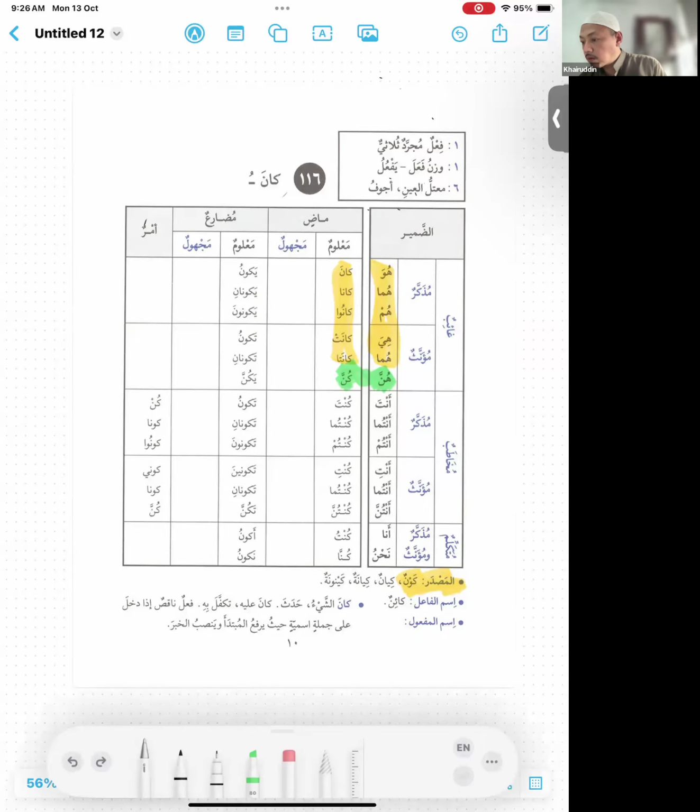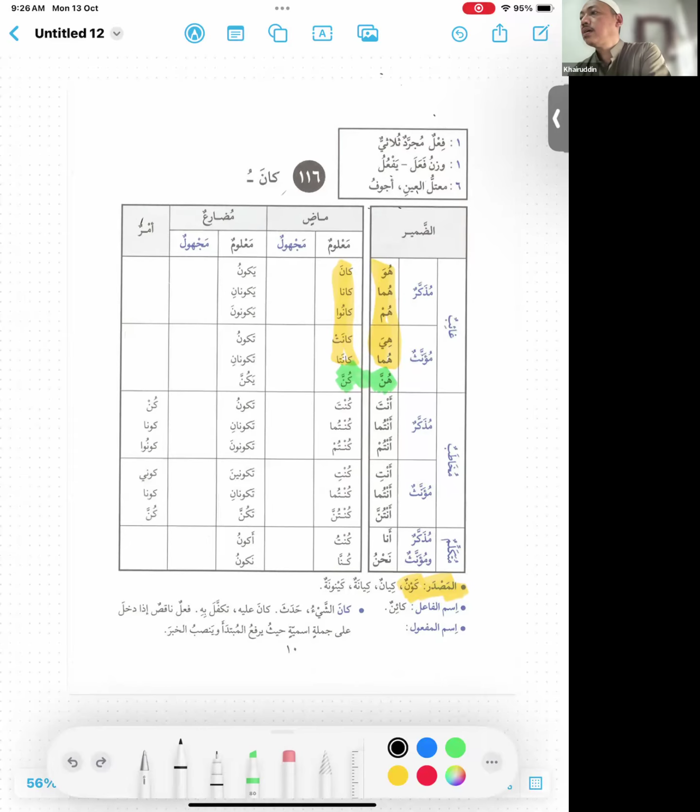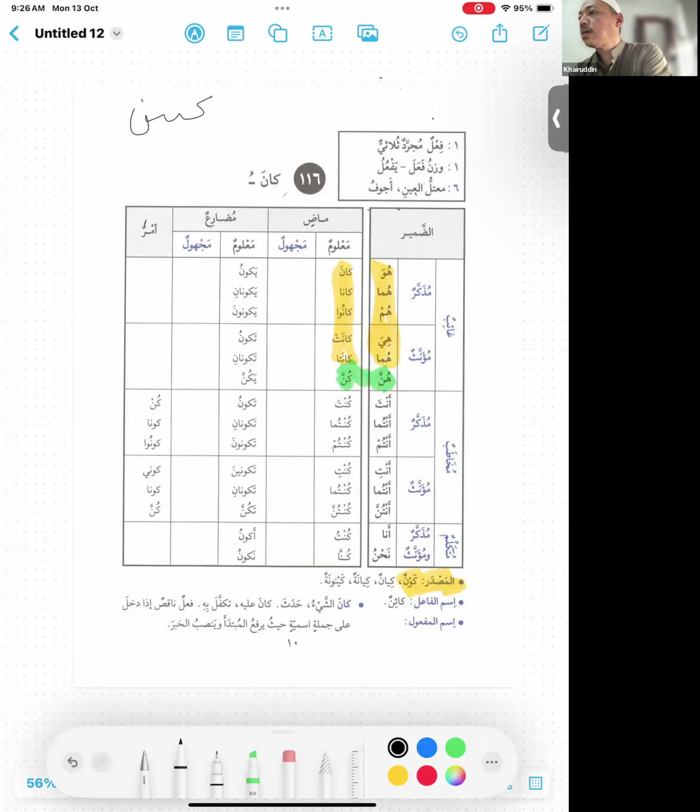Okay, it should be this. So imagine, what would it be? Now, we would have transformed it to kawanna.